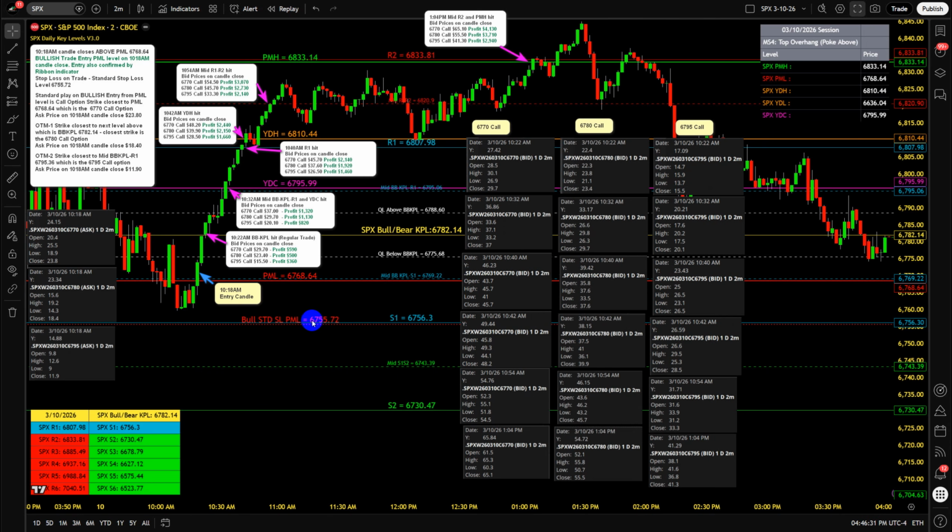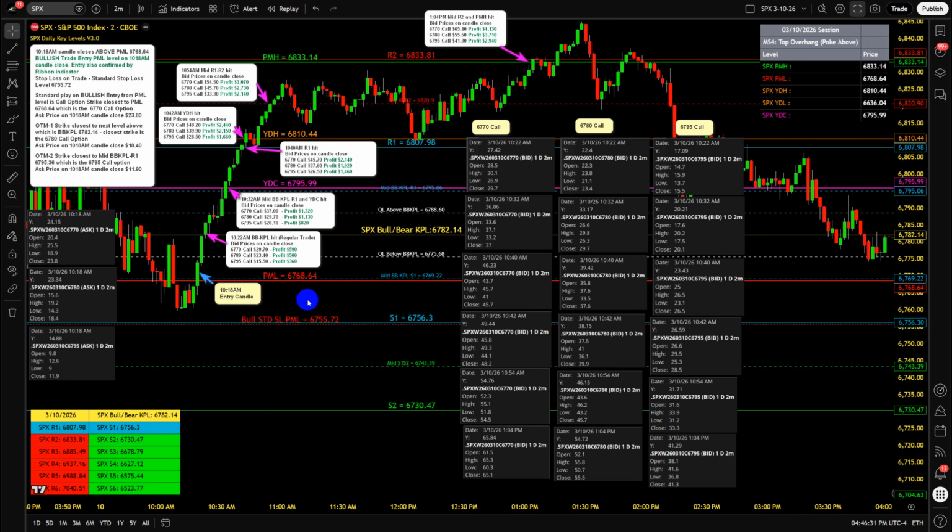Okay, so with the contextual levels like the PML, the PMH, the YDL, YDC, and YDH levels, the way that you figure out the other two out of the money strikes, there's always going to be 3 strikes that you can use on any given bullish or bearish trade off of any main key level with this indicator.